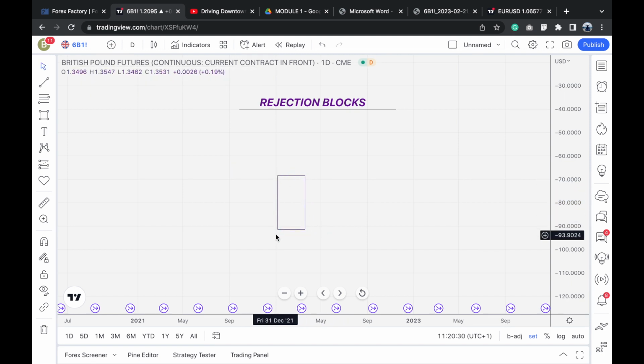You have the open of the bullish candle, you have the close, and we're going to define the high of the candlestick and then the low of the candlestick. So we have a standard bullish candle here: the open, the close, the high, and the low.